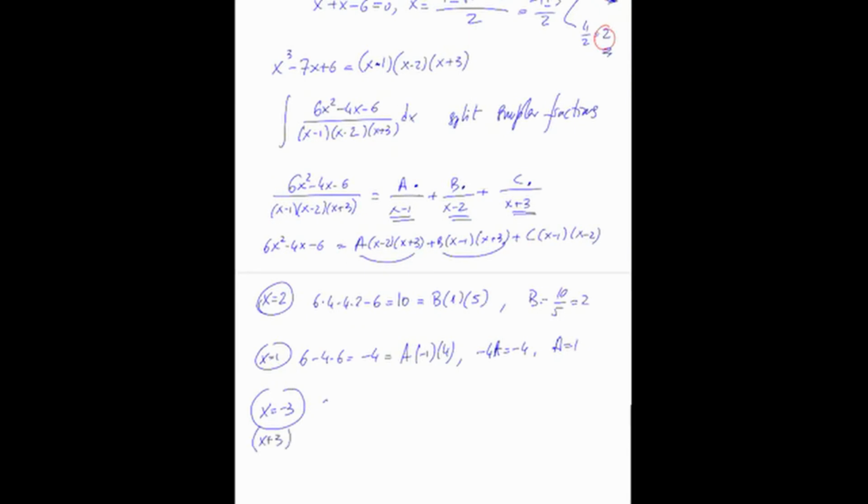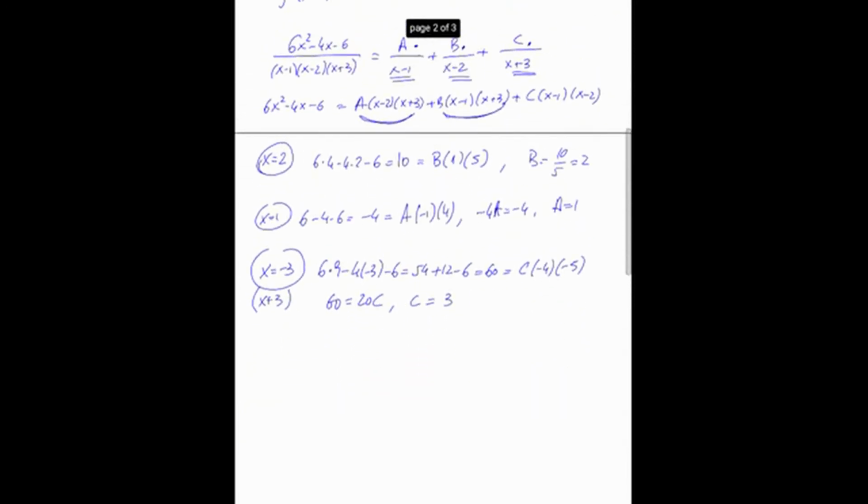On the left hand side we have 6 times minus 3 squared, which is 9, minus 4 times minus 3 minus 6. So that's 54 plus 12 minus 6, which is 60. And then the term of A here is 0. The term of B here is 0. So C times minus 3 minus 1 is minus 4, and minus 3 minus 2 is minus 5. So 60 equals 20C. C is equal to 3.